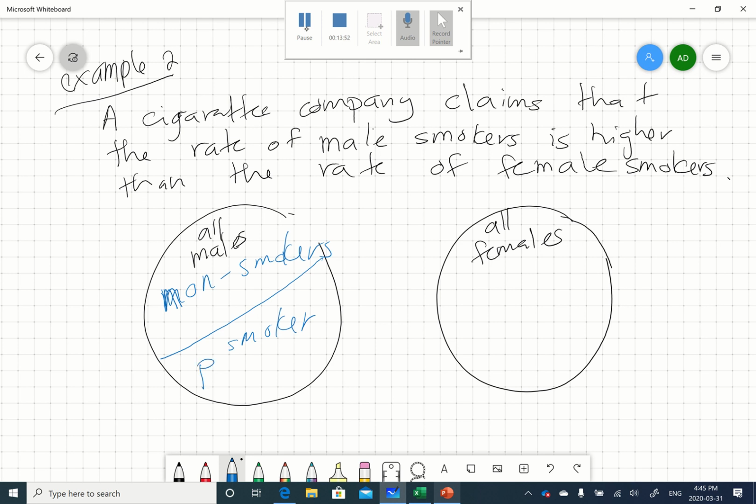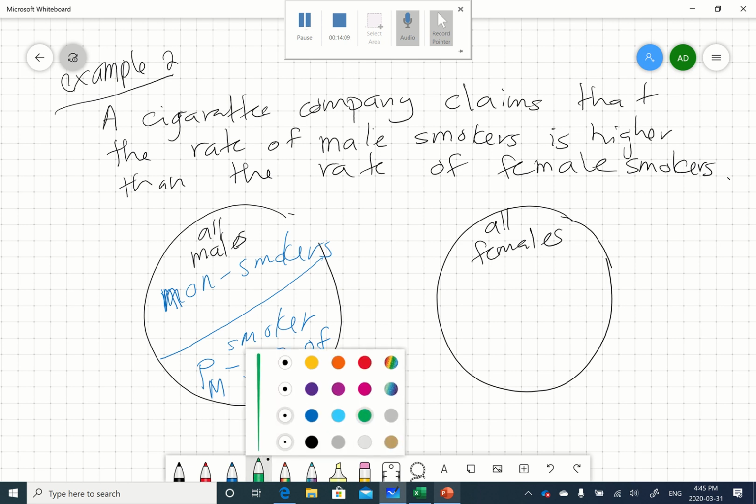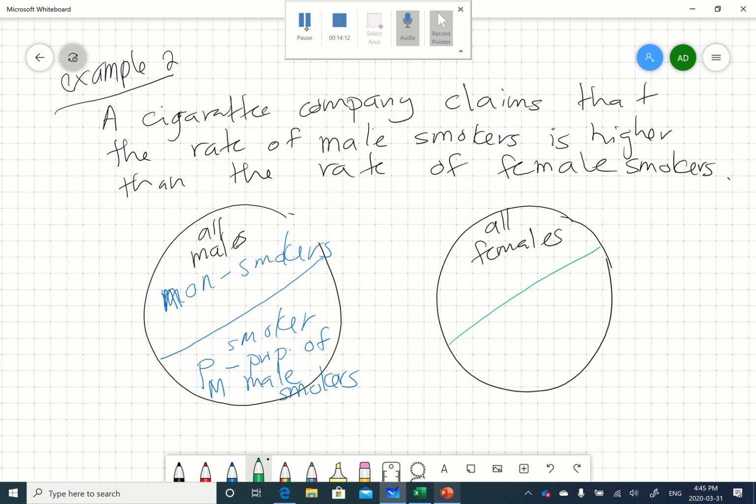So let's take P of M to be the proportion of male smokers. And then over here, again we can do the same thing. Again we have non-smokers versus female smokers. So if I know the total females, I can calculate P of F, the proportion of female smokers.